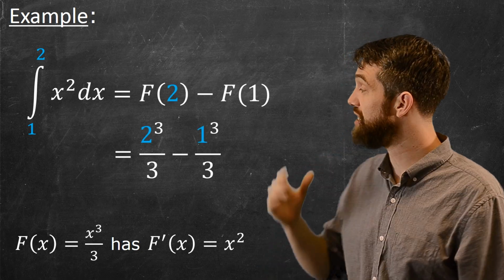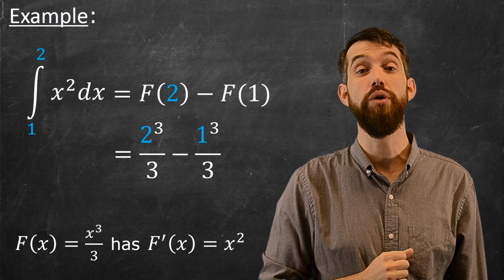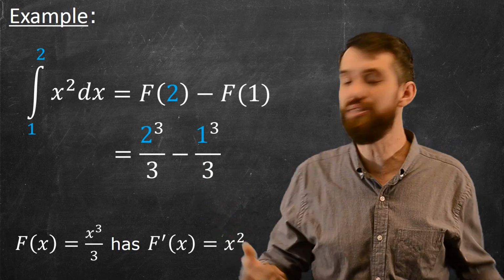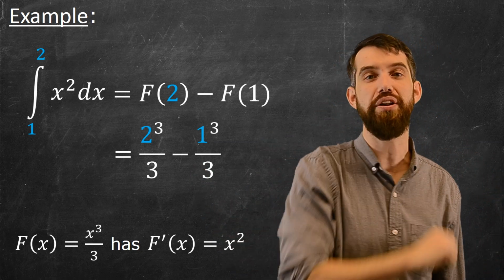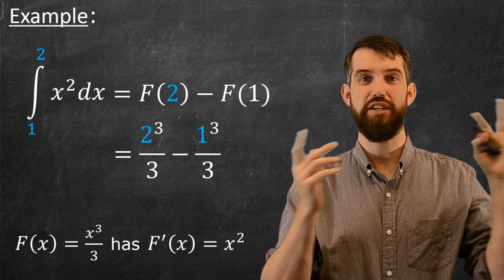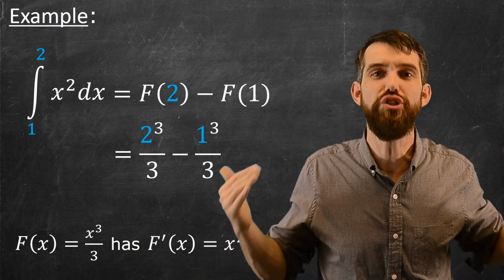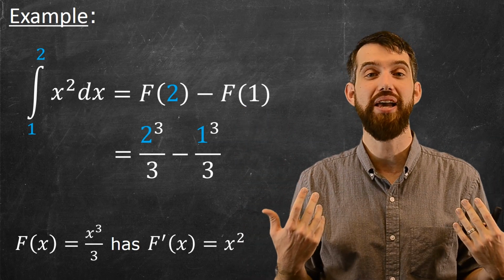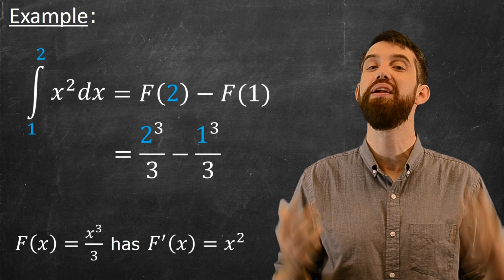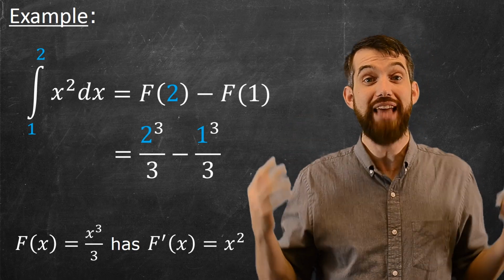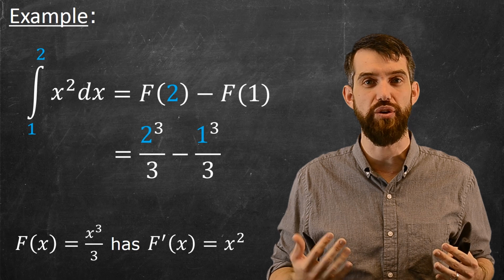It says it's just the antiderivative at the value of 2 minus the antiderivative at the value of 1. And I can compute those. That's 2 cubed over 3 minus 1 cubed over 3. Now, I could give you a different function in a different interval, but as long as you can give me an antiderivative, the fundamental theorem of calculus is going to make computing all of these definite integrals really easy, just a matter of substitution. So finding antiderivatives is really the big challenge when it comes to definite integration.